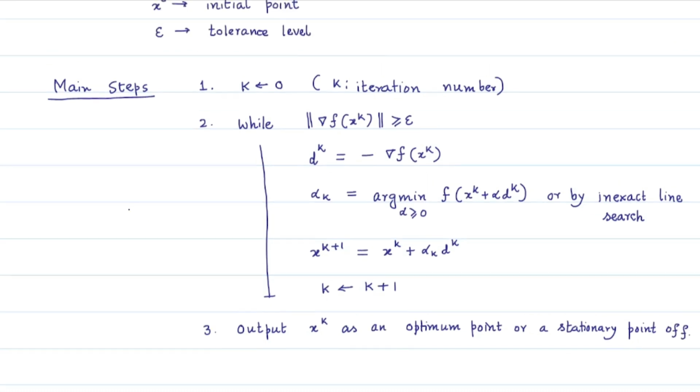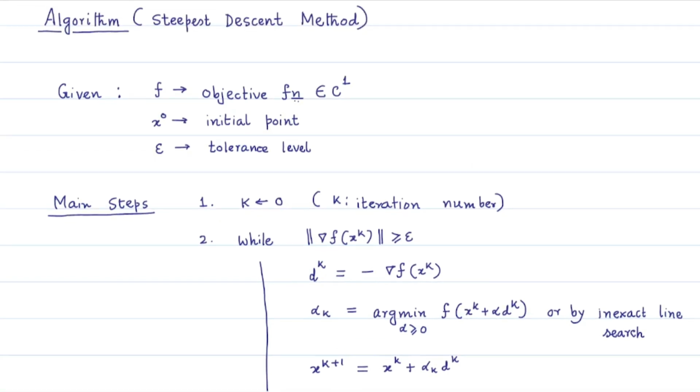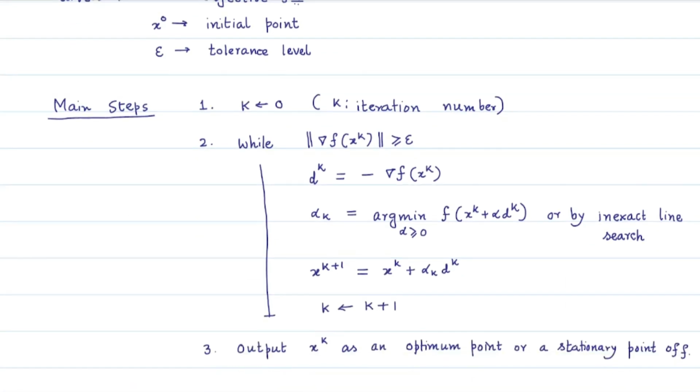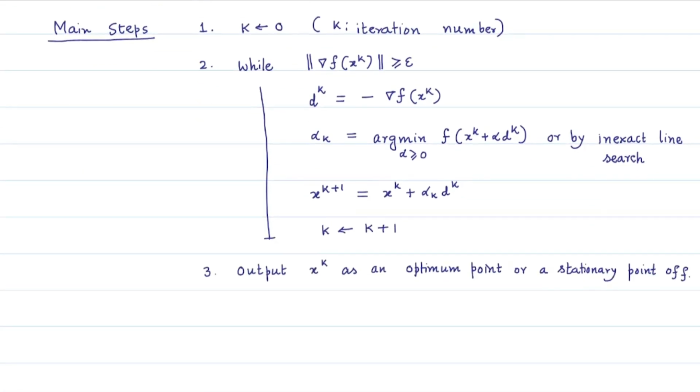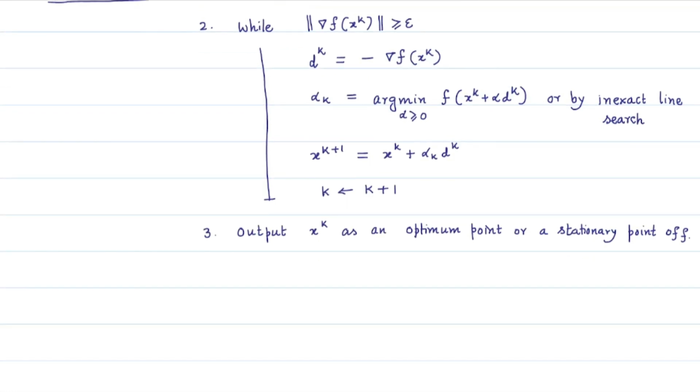Now after this algorithm, we immediately see that as the direction dk is a direction of steepest descent and hence a descent direction, this method certainly generates the sequence of iterates xk for which the sequence has a descent property.